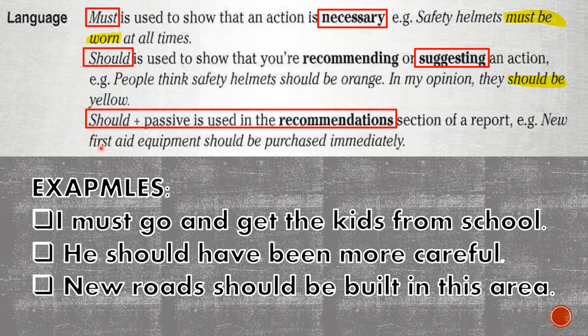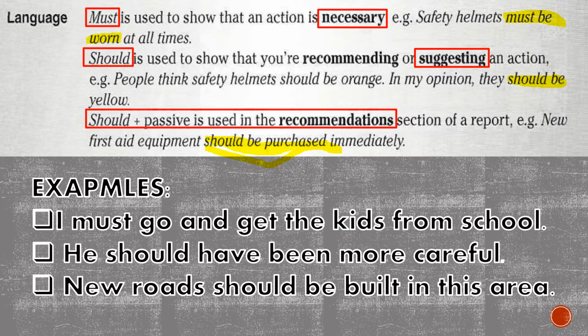Okay, now, we can use should with the passive form. Should plus passive is used in the recommendations section of a report. Example, new first aid equipment should be purchased. Look here, should be purchased. This is a recommendation.